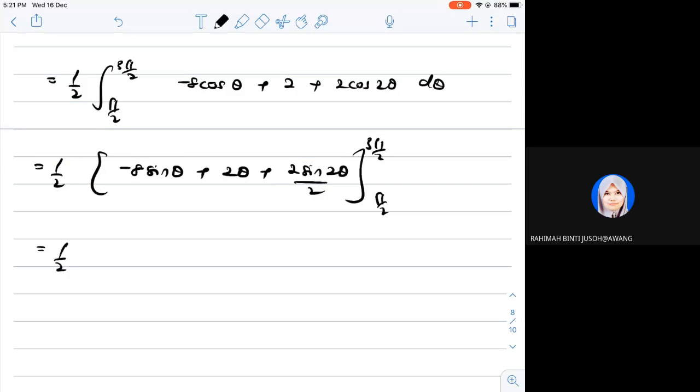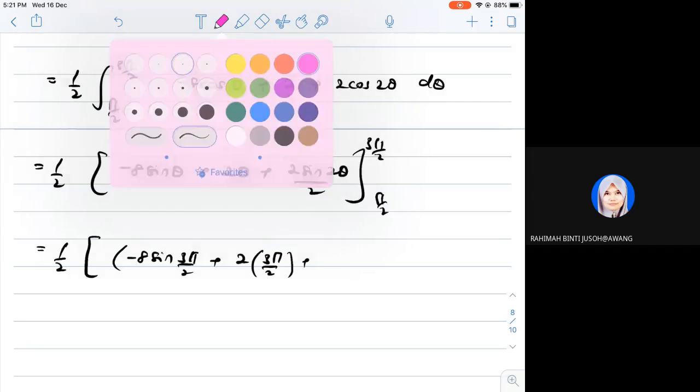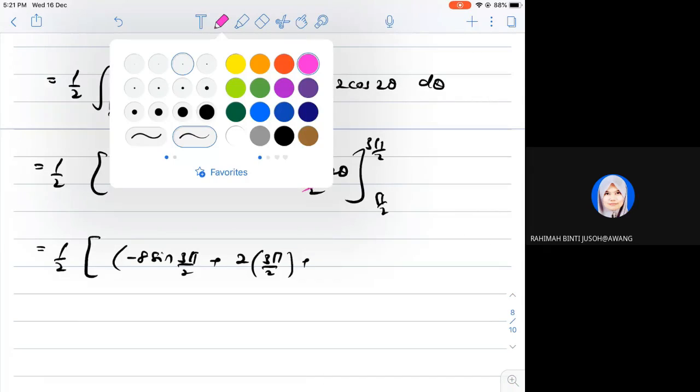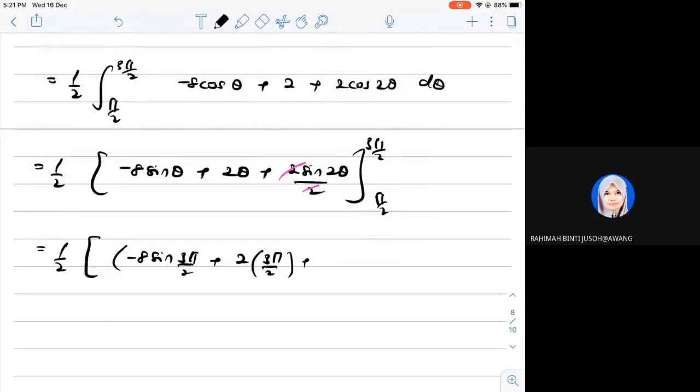So we will have negative 8 sine 3 pi over 2. This one can be cancelled. So 2 times 3 pi over 2, sine 3 pi.